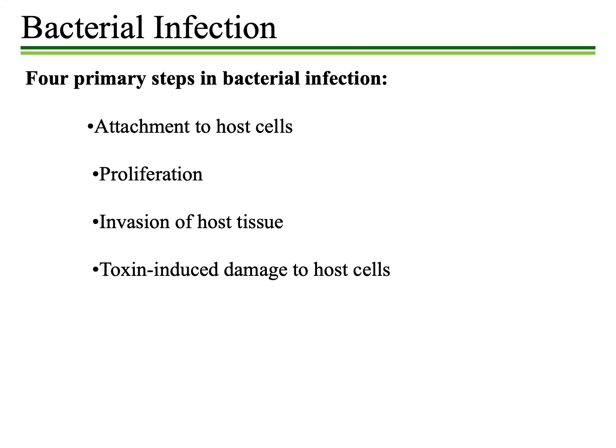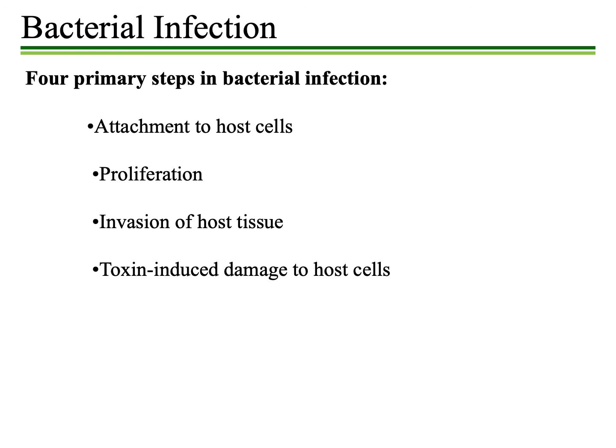These include the attachment of the pathogen to host cells, proliferation of that pathogen, invasion of the host tissue by the bacterial pathogen once proliferation has occurred, and lastly, toxin-induced damage to host cells. This again allows for the infection to take place.